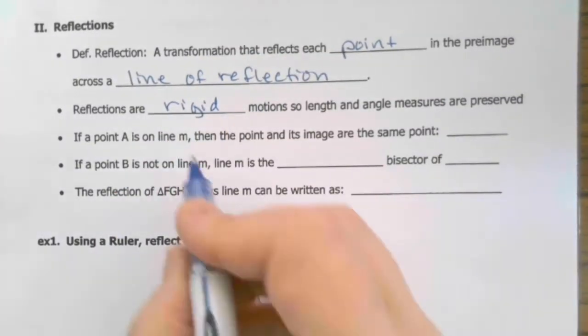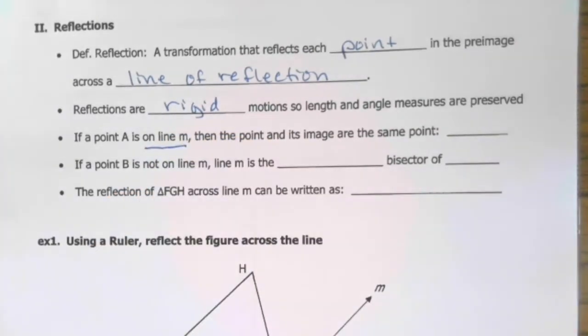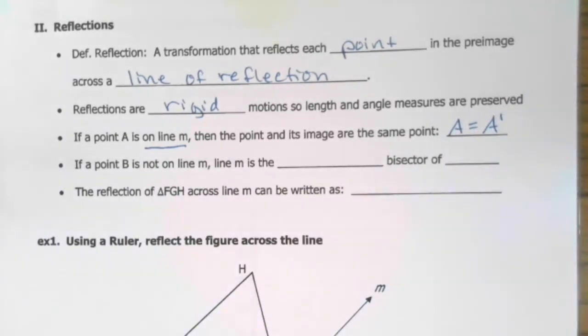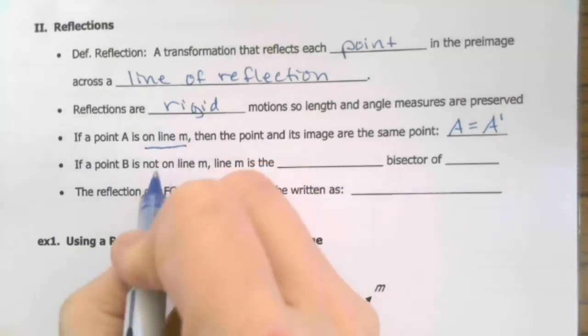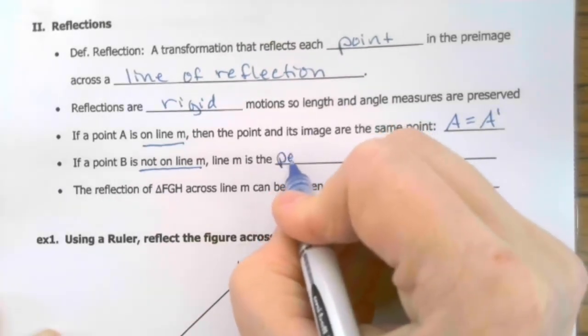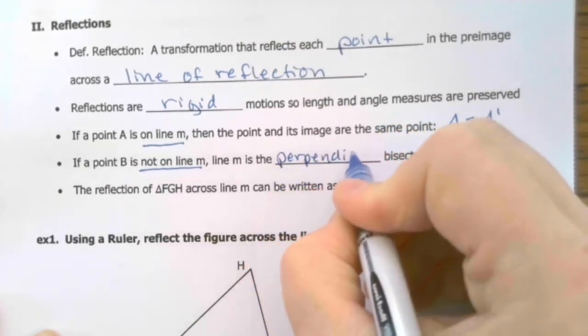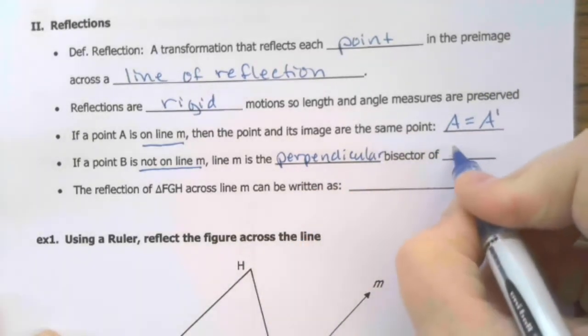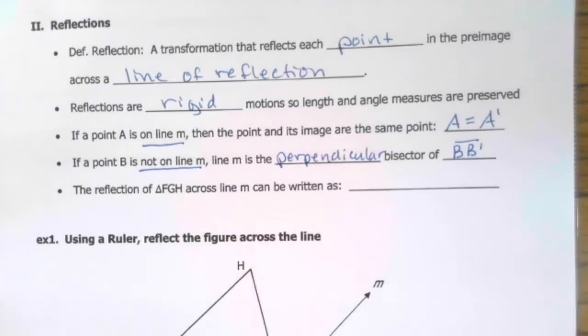If point A is on line M, then the point and its image are the same point. So A is the same point as A prime in the new figure. If point B is not on line M, then line M is the perpendicular bisector of the segment B to B prime.